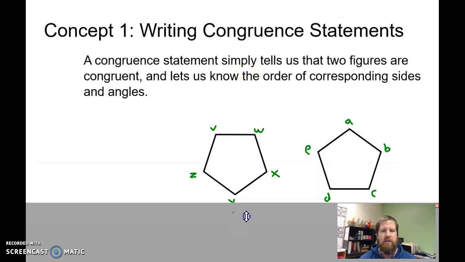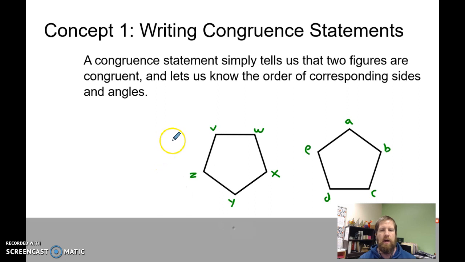That is just basically us telling each other that two figures are the same shape and the same size, and letting us know which angles correspond and which sides correspond to each other. So these two pentagons are congruent.